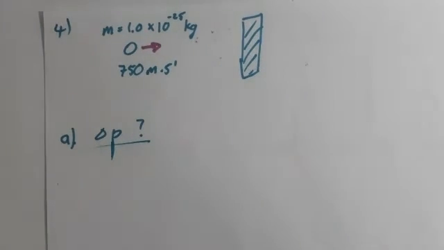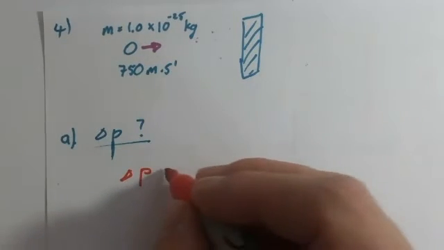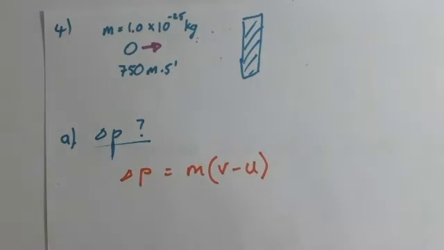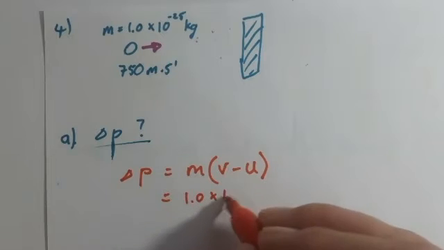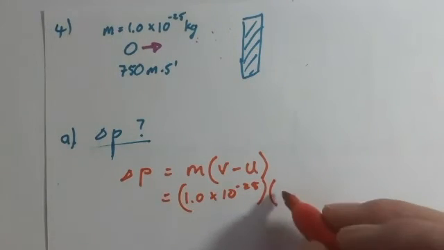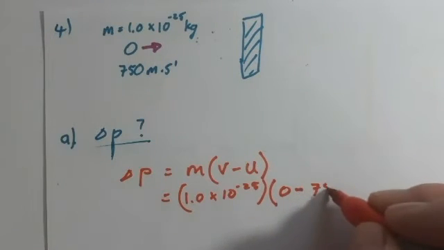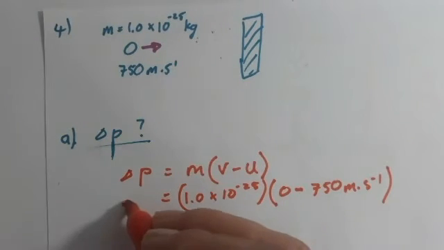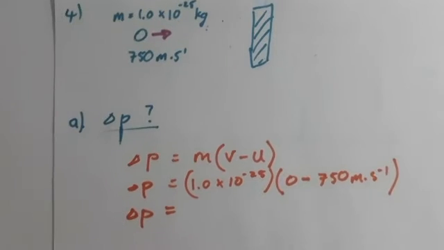We can say change in momentum equals mass times final minus initial velocity. The mass is 1 times 10 to the power negative 25. My final velocity is 0. My initial velocity is 750 meters per second. So the value is going to be negative because it's a loss of momentum, and the wall is gaining that amount of momentum.